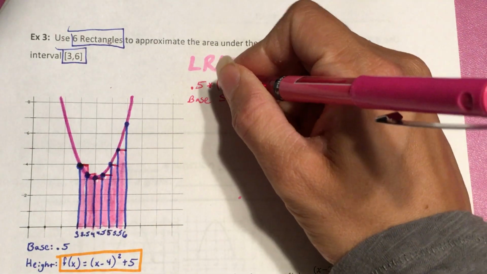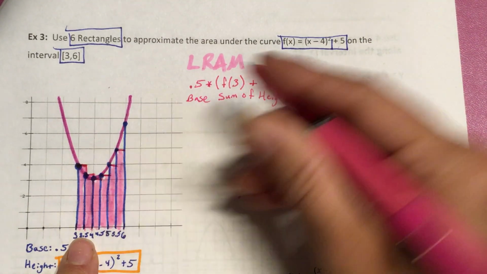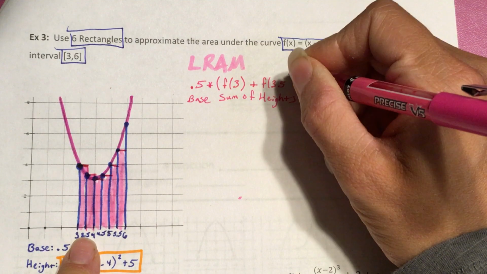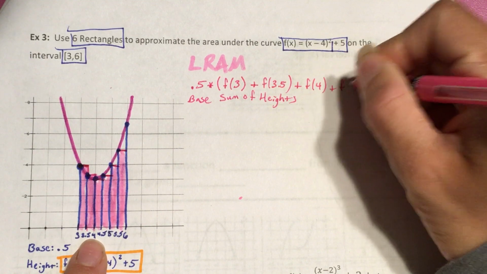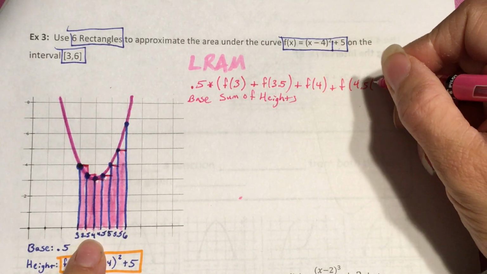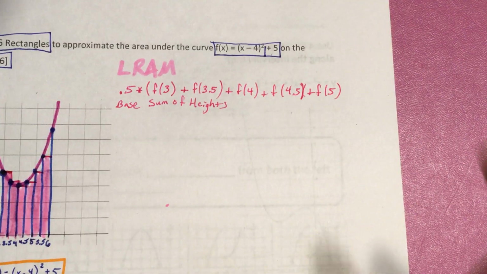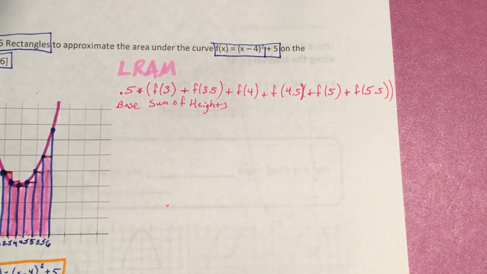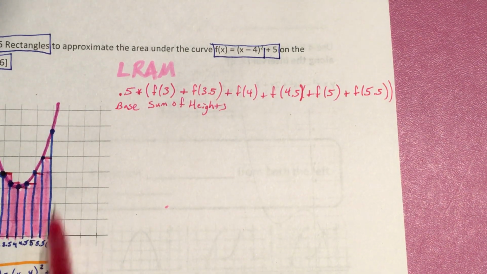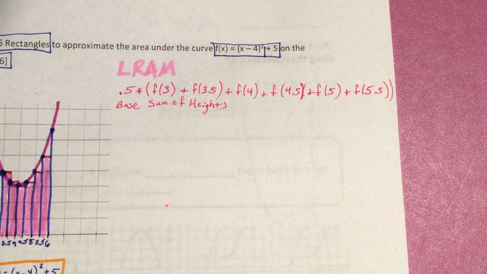So we've got f of 3 plus our next rectangle height, f of 3.5, our next rectangle height, f of 4, f of 4.5, f of 5, and f of 5.5. Are we going to include f of 6? No, because that dot is not the height of any rectangle. So make sure you don't include the extra endpoint when you're calculating either LRAM or RRAM.